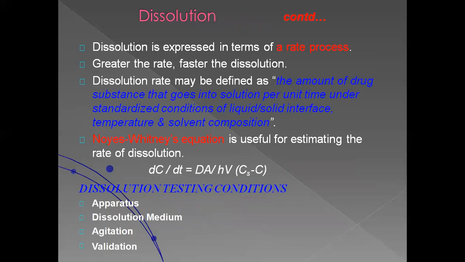Here is the Noyes-Whitney equation, where dC/dt is equal to DA/Vh (Cs minus C), where D is the diffusion coefficient, h is the thickness of the diffusion layer at the solid-liquid interface, A is the surface area of the drug exposed to dissolution media, V is the volume of the media, Cs is the concentration of the saturated solution of solute in the dissolution medium at the experimental temperature, and C is the concentration of the drug in the solution at time t. So the dissolution rate is given by dC/dt. If the surface area of the drug is held constant and Cs is greater than C, then the equation can be rearranged.